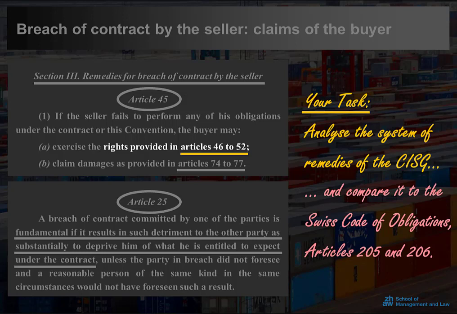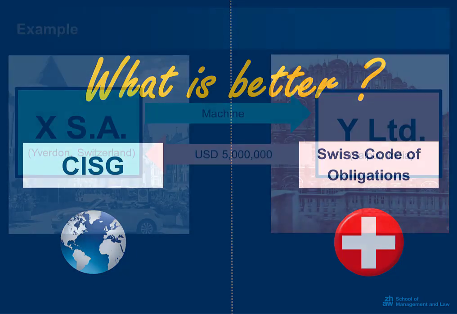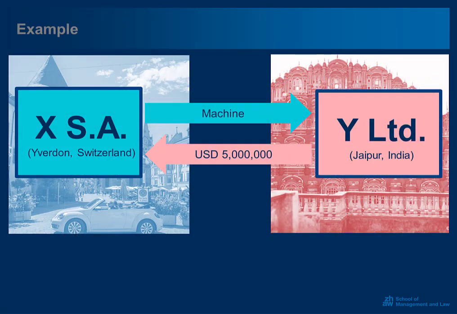Try to find out what is similar and what exactly is different. This will also allow you to make up your mind about the advantages and disadvantages of the CISG and the Swiss Code of Obligations. What is better? When doing this comparative analysis, it is helpful to keep in mind the example of our case.